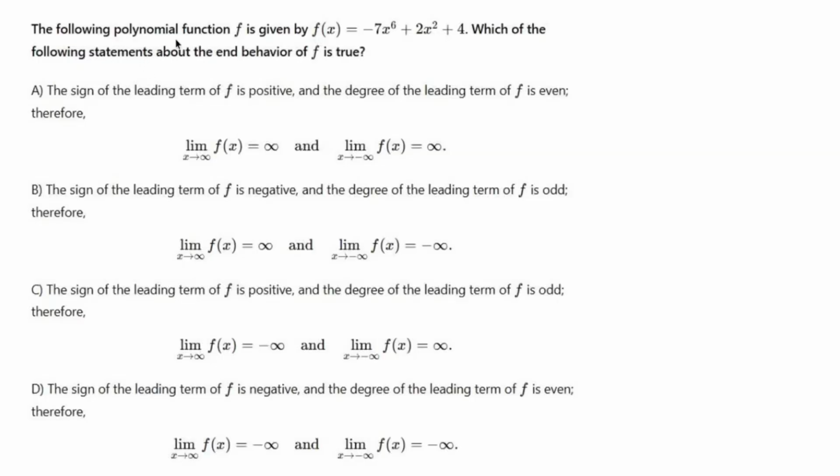The following polynomial function f is given by f of x equals -7x to the 6th plus 2x squared plus 4. Which of the following statements about the end behavior is true? In order to figure out the end behavior, we're looking at the leading term. This leading term is not only negative, but it also has a degree of 6, or an even degree.